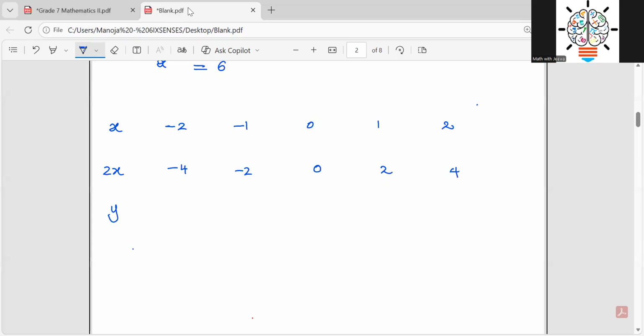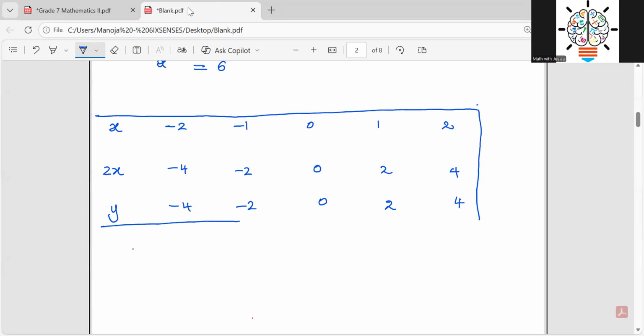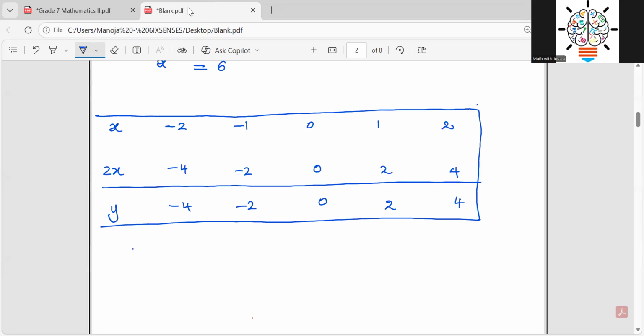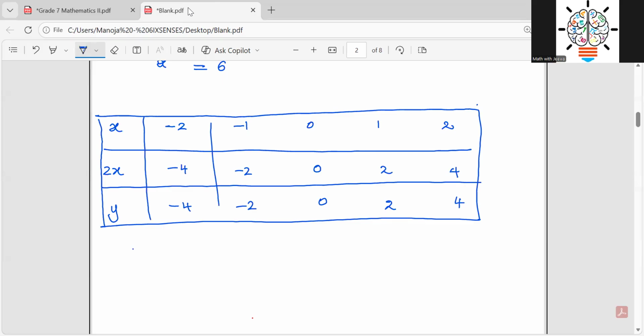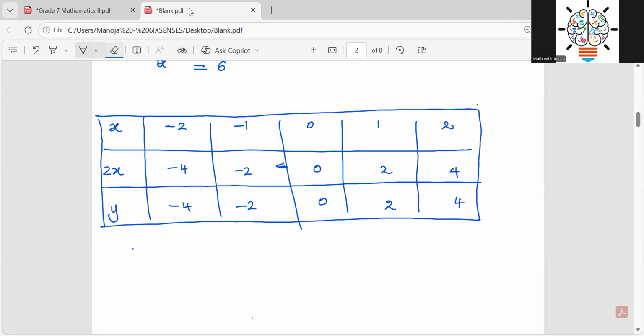Since y is equal to 2x, I write the y values as it is, and I quickly draw the line and complete the table, right? When you are doing these things it doesn't take time, but it adds something to your answer script. If you have the proper practice, you can do them quickly like this.